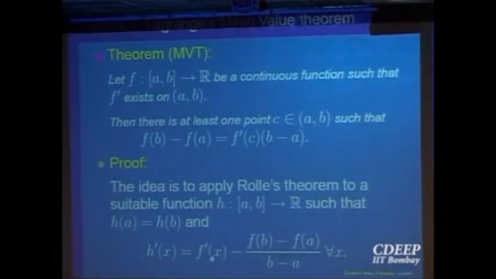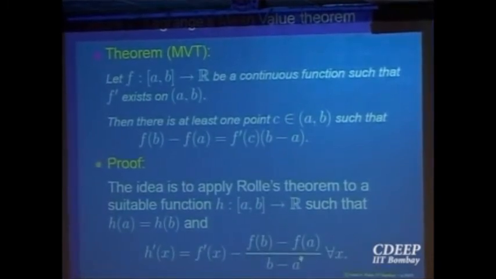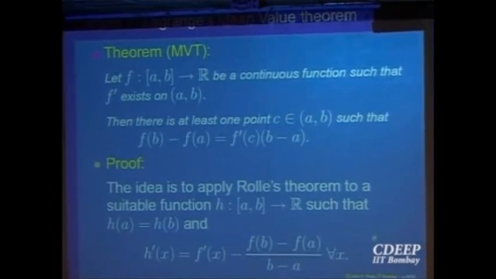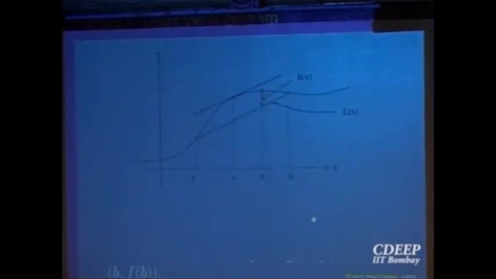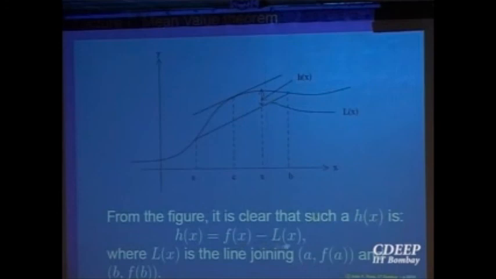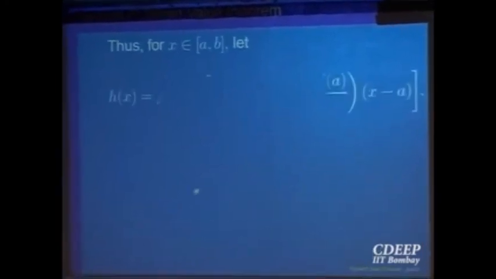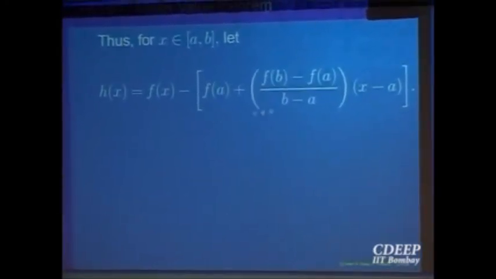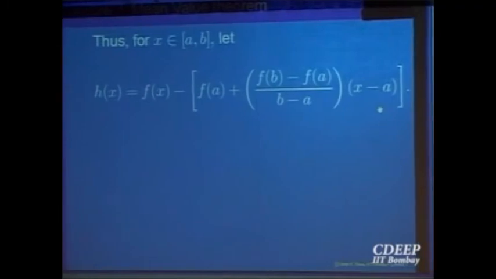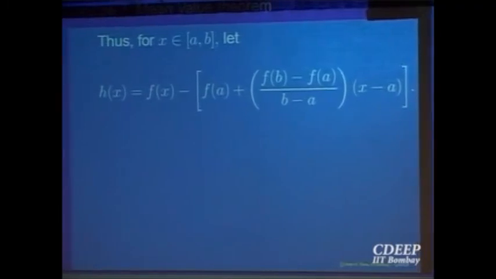That will give me f prime at c equal to the required thing. So let us write that formula: f(x) minus l(x), where l(x) is the equation of the line joining (a, f(a)) and (b, f(b)).